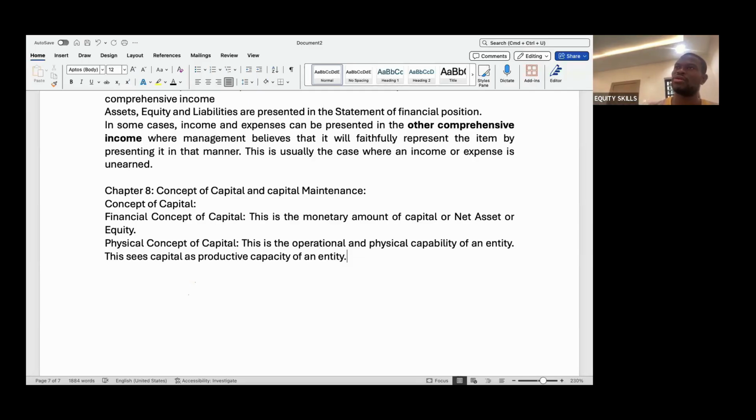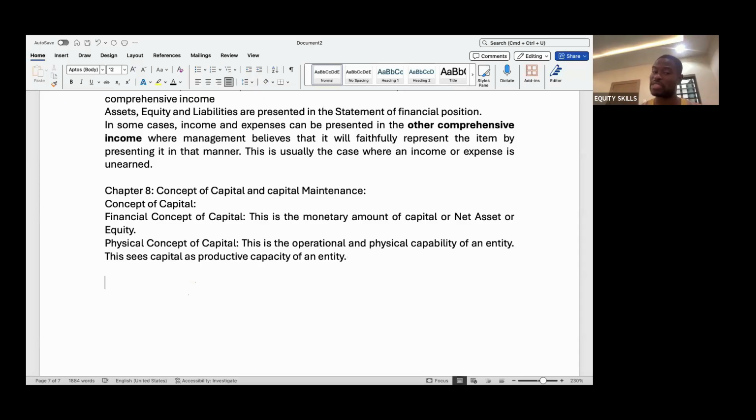And last year, 100 million can produce 1,000 units of your goods. But 100 million this year can only produce like half because of inflation. And that's where the physical concept of capital comes in. Don't look at the money, look at your operational and productive capacity, your operational capability. That's what you should look at. And that's what the physical concept of capital is talking about.